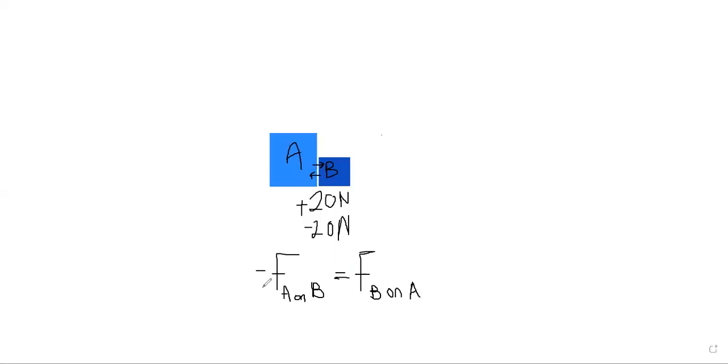So you can just say negative force of A on B is equal to force of B on A. This negative is to indicate that the directions are opposing.